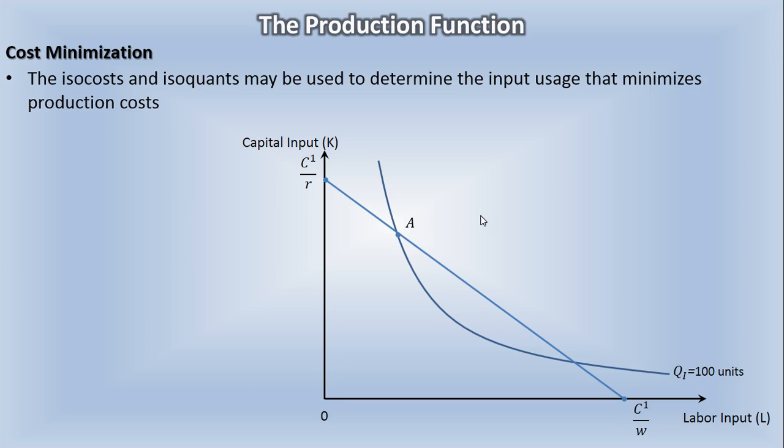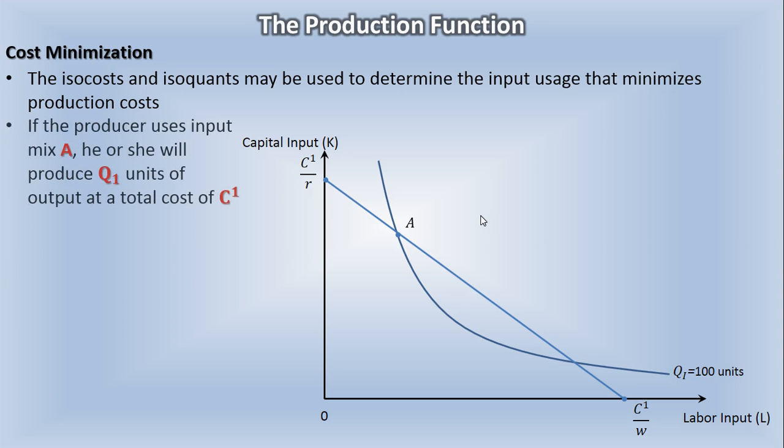So here we've got a certain amount of output, 100 units, and we see that using this amount of capital and this amount of labor to produce this amount of output will cost the firm C1, whatever that cost is, reflected by this isocost line. But obviously they can do better. They can be on a lower isocost line and still produce that same amount of output.